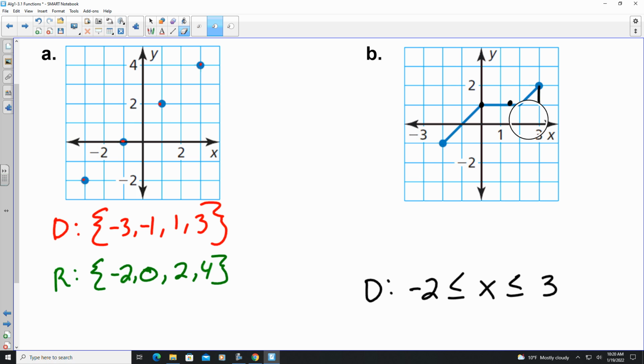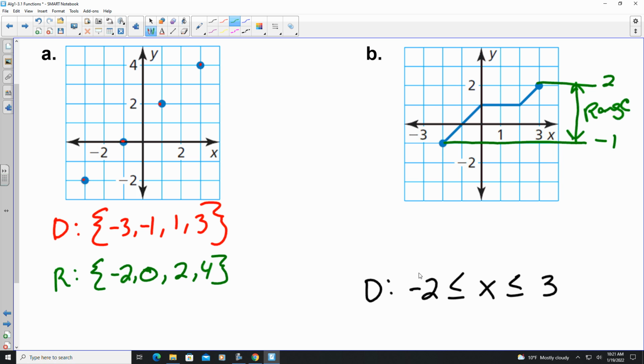Looking at our range, our range is our set of y values. So our range is going to fall between here and here, where I have it illustrated in green. It looks like it's -1 on the bottom, +2 on the top.